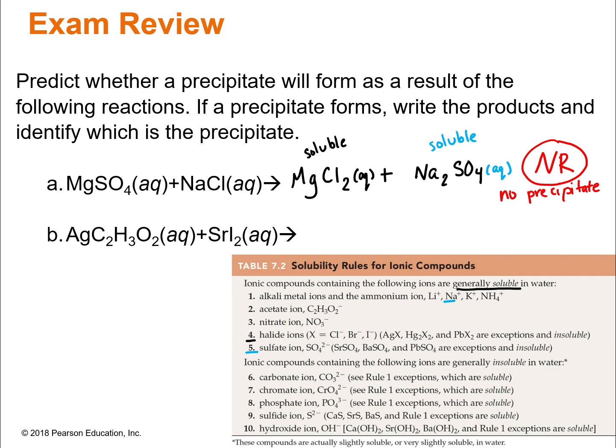We have to do the same trick where we swap the positive ions and see if we form something that is insoluble. So we've got silver acetate and strontium iodide. We're going to switch partners. The silver will now be with the iodide. And then the strontium will be with the acetate.